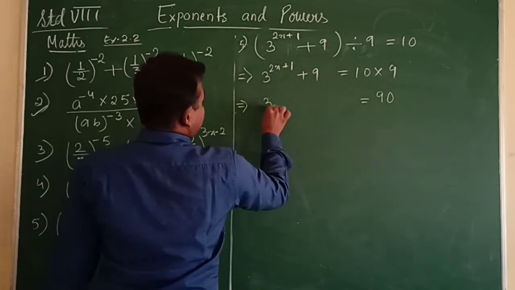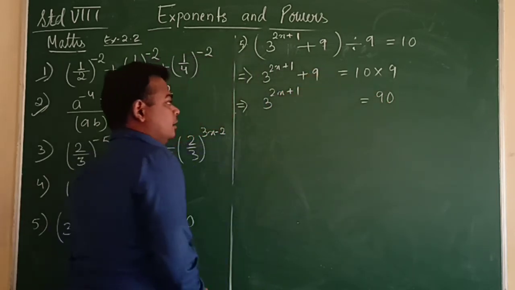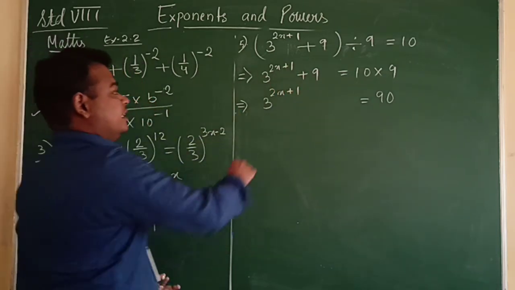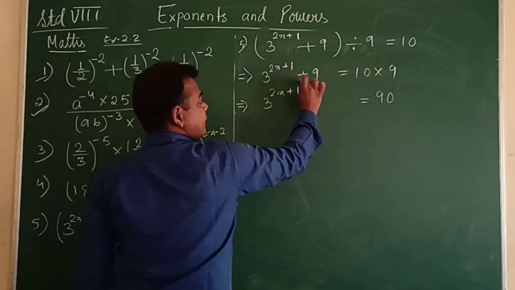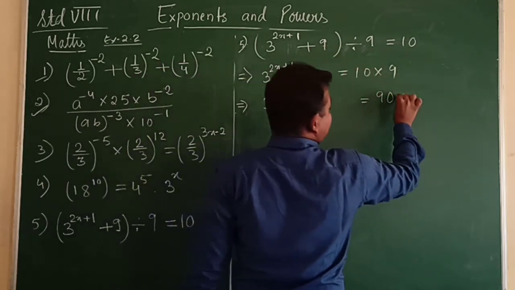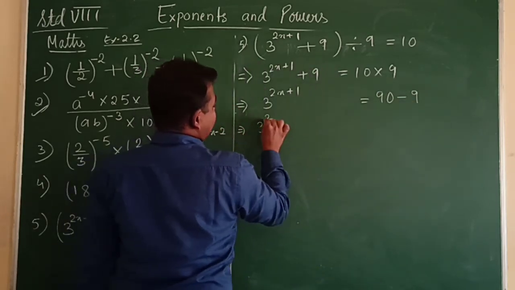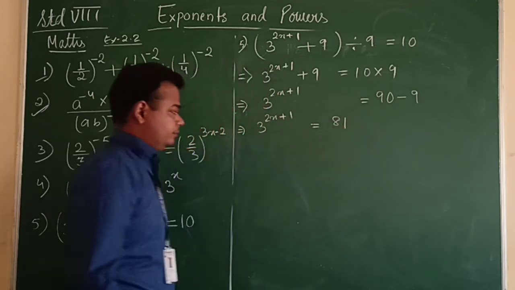Now 3 to the power 2x plus 1, plus 9. This plus 9 is on the left-hand side. Shift it towards the right-hand side. It is in the form of addition, so it will become minus 9. The rest everything will be written as it is. It will become 81.